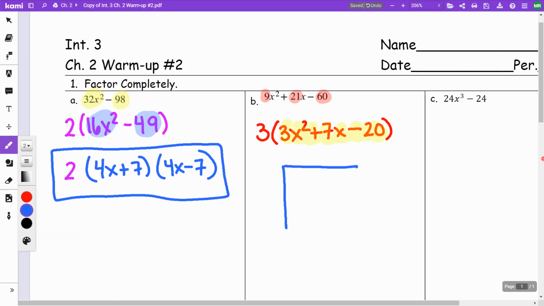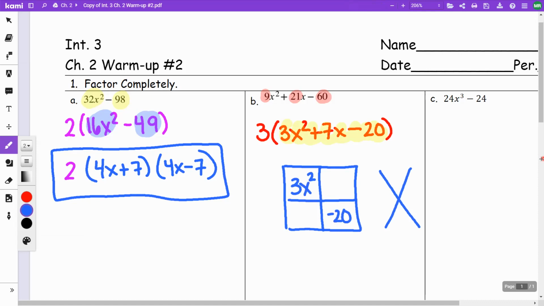So I am going to do a box to diamond. I'm going to put my 3x squared here and my negative 20. That multiplies to a negative 60x squared and is going to add to that 7x.